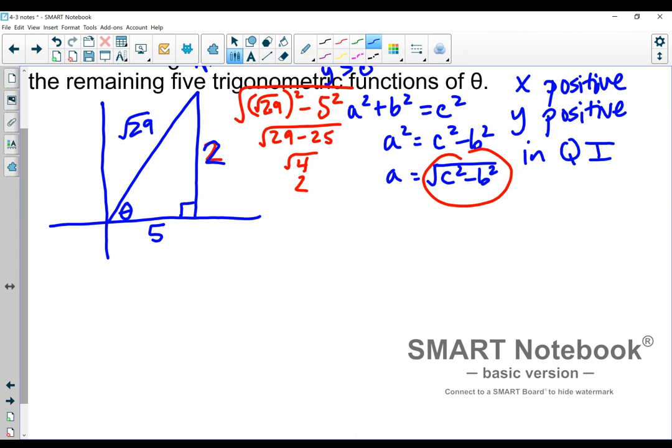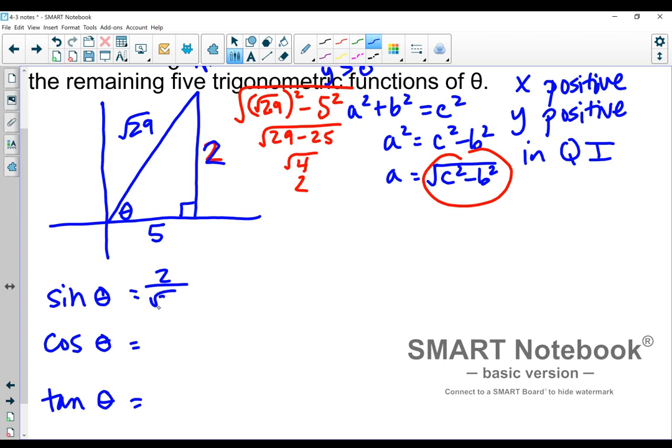So now that I have x, y, and r, now I can go through and do all of my trig functions. So I'm just going to go ahead and write them all out. Sine theta, cosine theta, tangent theta. Probably should leave a little bit of room for rationalizing, and I have not, so let's take a look at this. So sine would be my y over r, so 2 over square root of 29.